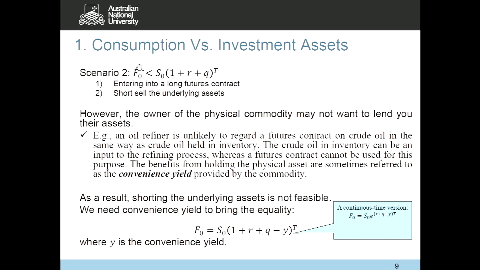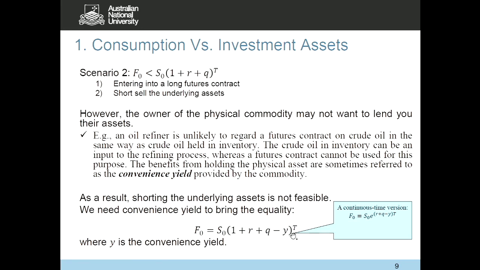All right? So if that's the case, how can we make the two sides of this equation equal to each other? We're going to introduce something called convenience yield to make the balance. It's written here: 1 plus R plus Q minus Y. Y is minus, and minus means that this is a benefit. A benefit actually helps you reduce the cost of carry.